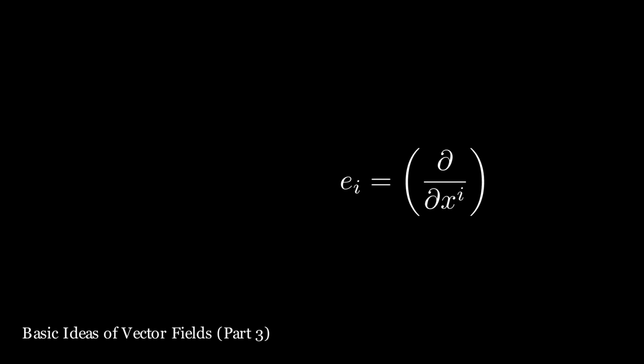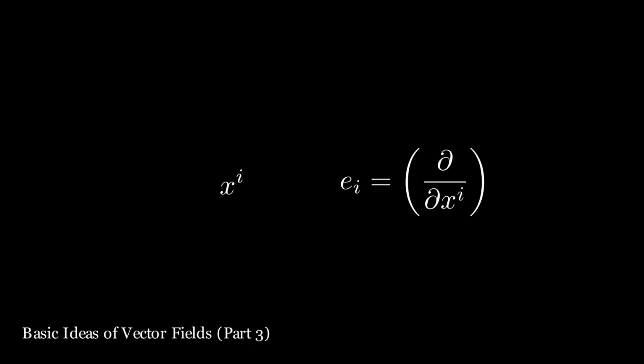Here, let's pay attention to the position of indices. Normally, coordinate indices are written as superscripts, like this, and the corresponding basis for partial derivatives is written with a subscript, as in e_i equals partial over partial x^i. This distinction will become important later when we start discussing differential forms alongside vector fields.